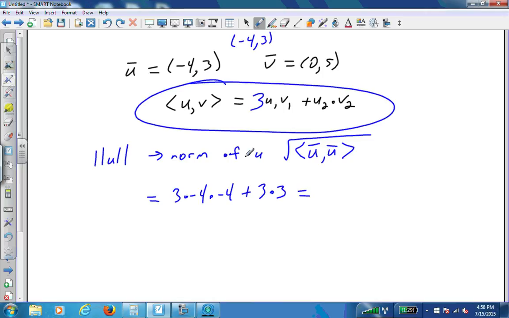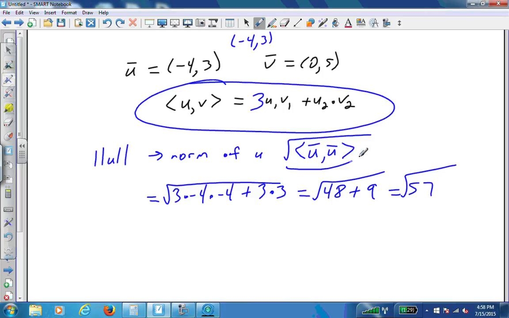So that's 48 plus 9, so 57. And then we take the square root of that. So this in here, this is the inner product u with u. And then we take the square root of it.